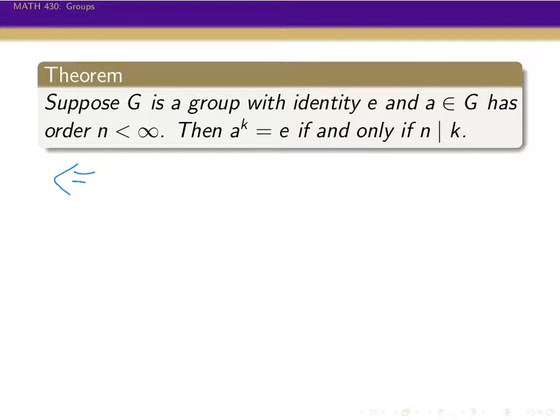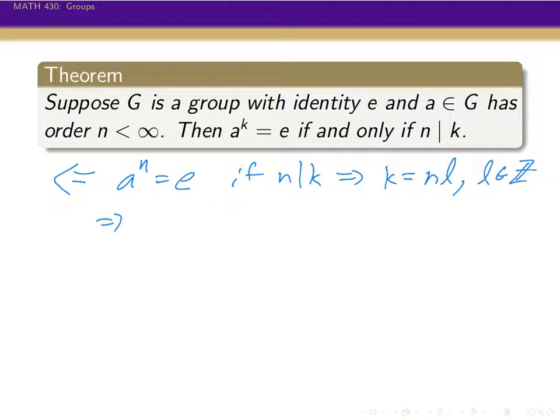So a to the n gives us back the identity, and n is the smallest positive number that makes this true. And so if n divides k, then that means that k is equal to n times L for some L that's an integer.